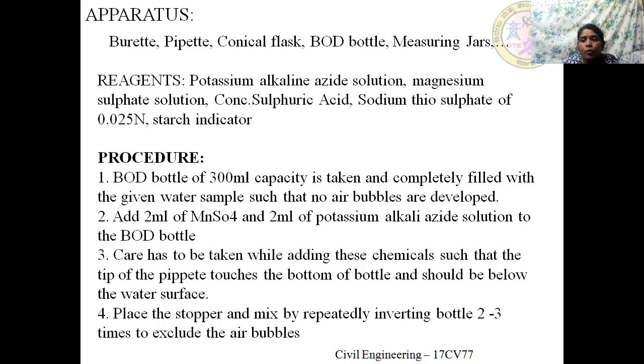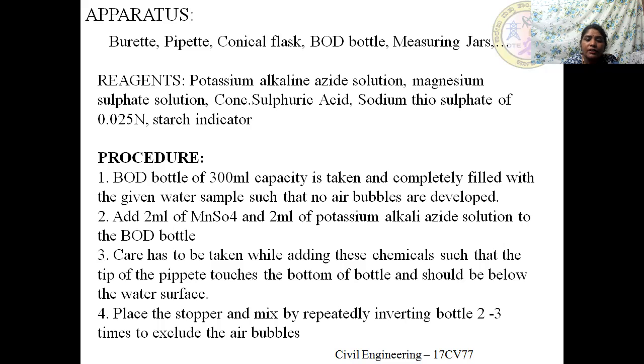One most important point when we add manganese sulfate solution and potassium alkali azide solution, you should see that when you are adding it, the tip of the pipette should touch the bottom of the BOD bottle. Once it is added, slowly you need to remove the pipette. Next, close the stopper. Turn the sample upside down so that it mixes up properly and the excess amount is discarded.